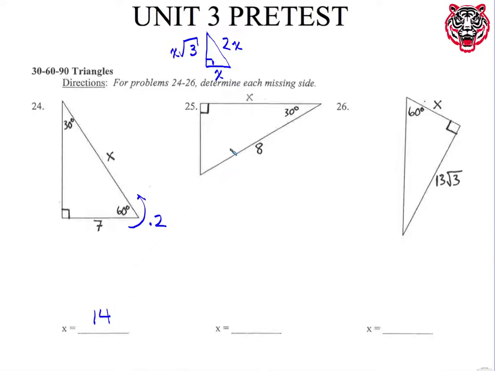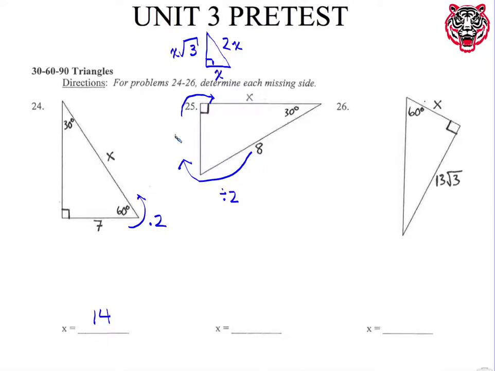All right, number 25. I'm going from the hypotenuse to the longest leg, and that's kind of hard to do. So what I'm going to do instead is go from the hypotenuse to the shortest leg, and from the shortest leg to the longest leg. So from the hypotenuse to the shortest leg, that's 2x to x. I am dividing by 2.